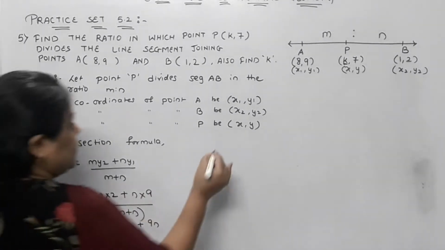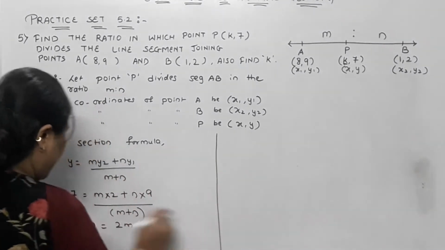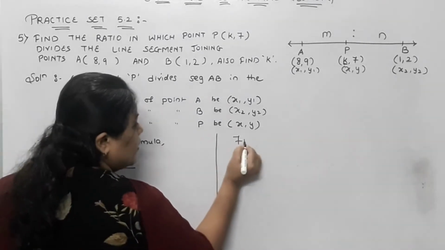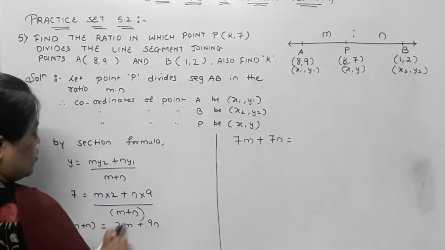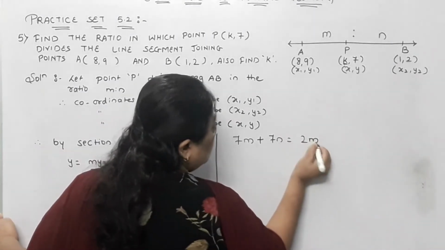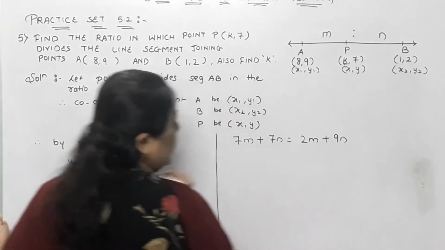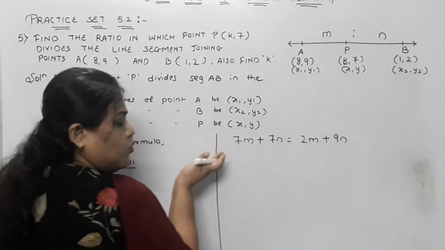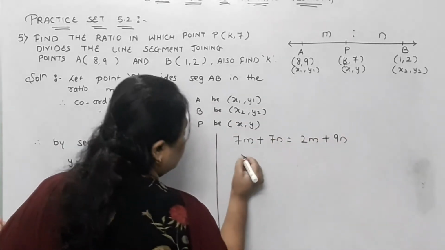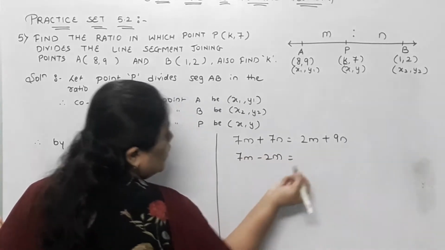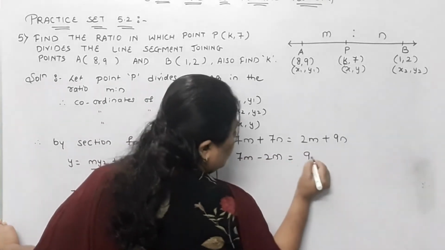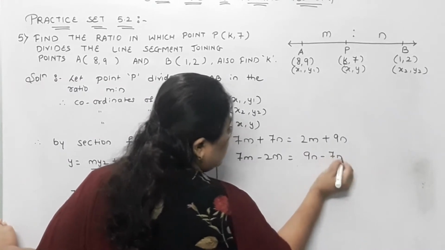Now open the brackets. Here we will be having 7m plus 7n is equal to 2m plus 9n. I'll take m to one side and n to the other side. So it will be 7m minus 2m is equal to 9n minus 7n.